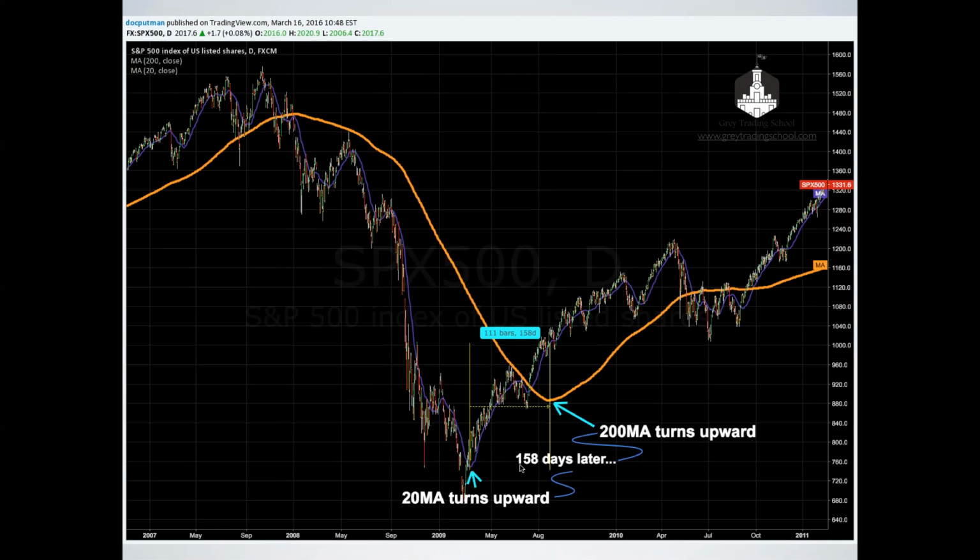It's a 200 MA, and this is a 20, so that only leaves 20 days off, maybe, that we had some really exuberant movement. But then finally, the 200 moving average turns upward to meet. And that's followed by a bullish cross, which we'll also talk about shortly. And it's also followed by a bullish crossover or buy signal from the price action, which we'll also cover shortly.